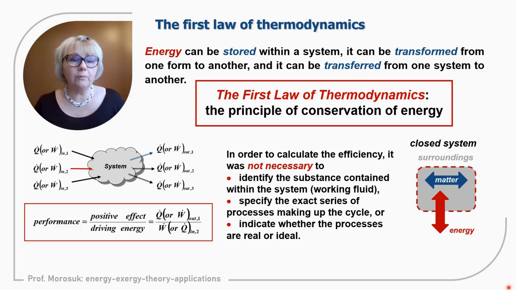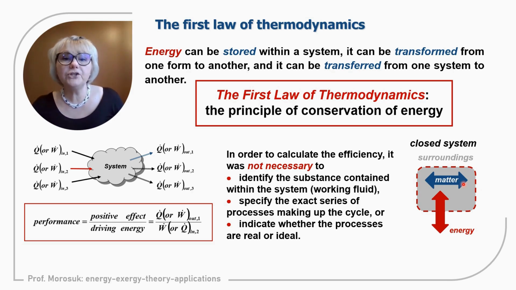So what does performance mean? Using other words, it is efficiency, and efficiency can always be defined as a positive effect over the driving energy that we need to spend in order to generate this effect. So everything is only for the system, I repeat. And if we apply this equation, efficiency or performance, within this efficiency there is no description of the working fluid that will be circulated within the system because matter is not allowed to cross the system boundary.